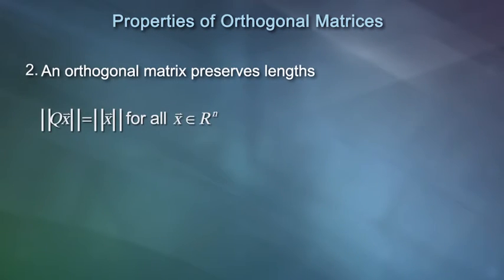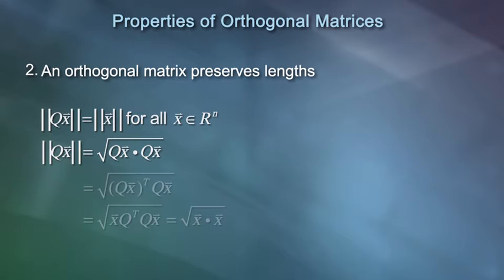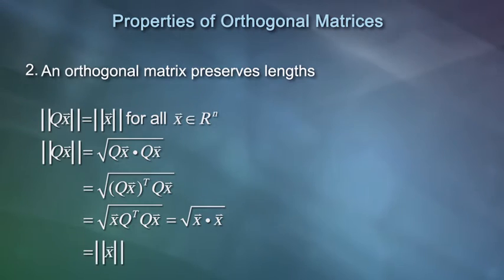The second property to note is that orthogonal matrices preserve lengths, so that the length of Qx equals the length of x for any vector x in Rn. This follows from noticing the length of Qx is just the square root of Qx dotted with Qx, which is the square root of x dot x using the first property. And that is just the length of x.